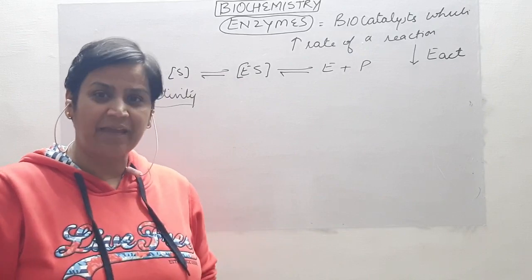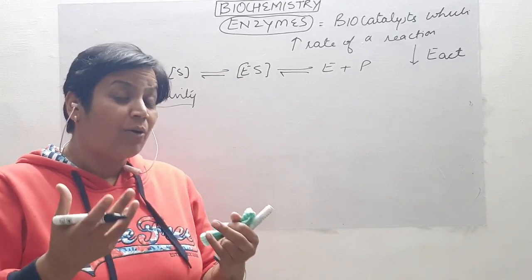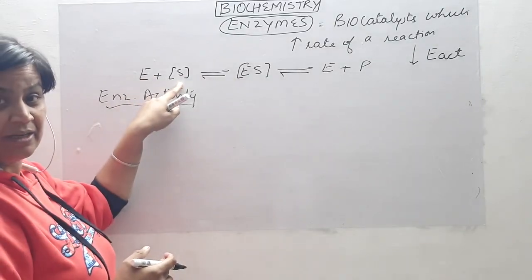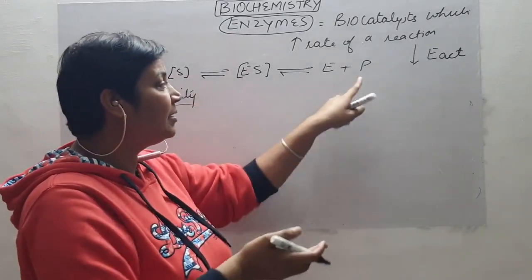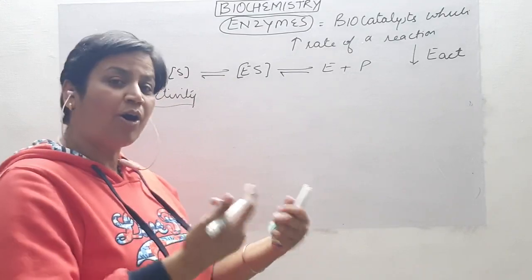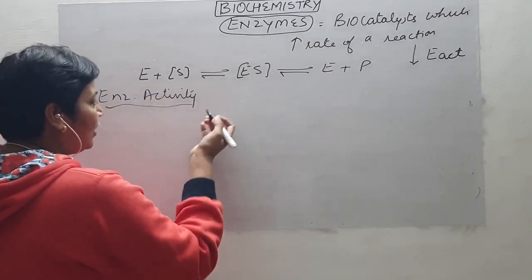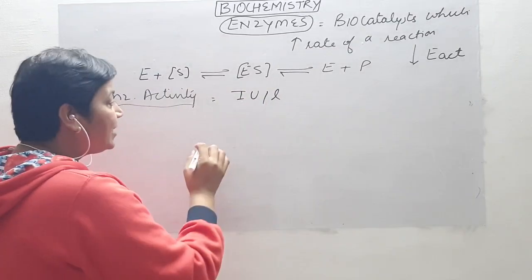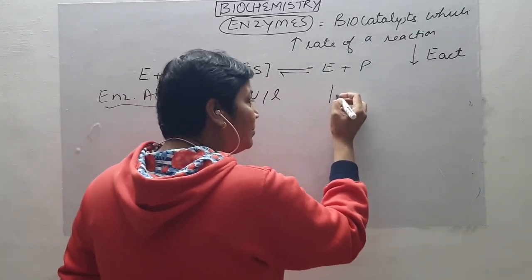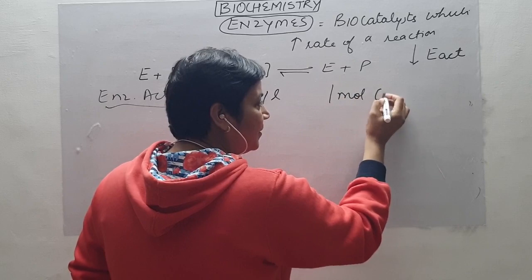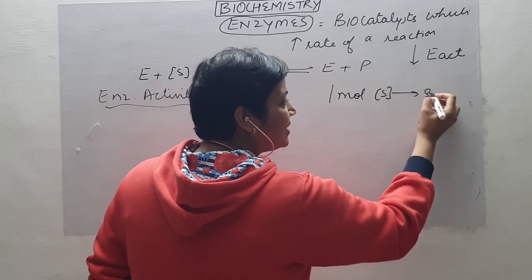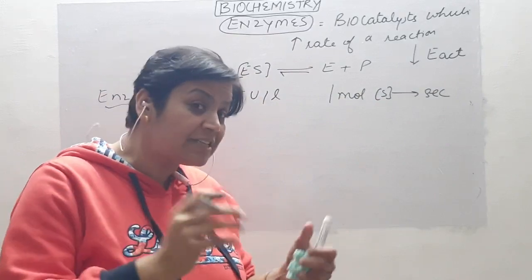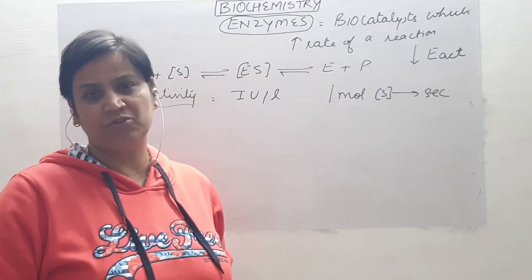How active an enzyme is means how actively it is combining with the substrate to form maximum product. Or you can say it has different units. Just say IU per liter is there. Or you can say conversion of 1 mole of a substrate in a second will be the activity of the enzyme, how fast it is going to react with the substrate.